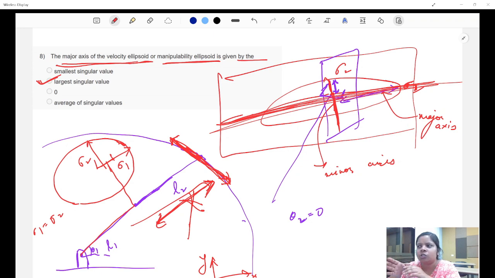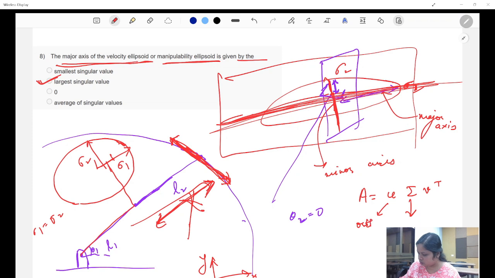Your Jacobian matrix is already given to you, and from there you want to find the major axis. Since it is an ellipsoid, we can infer that it is a non-square matrix, and therefore the major axis. For finding the major axis, you'll have to find U sigma V transpose. That is the singular value decomposition.